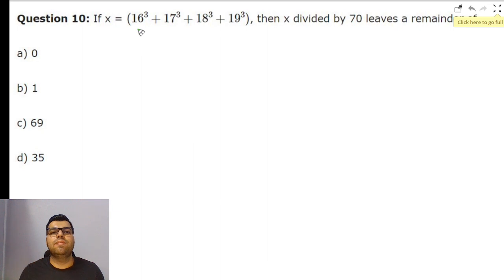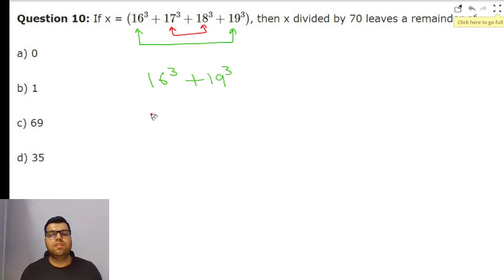16 cube, we will make pairs. We will use the same property, but something additional, and make pairs of these. So why am I making these two pairs? See the green pair first: 16 cube plus 19 cube. This is one pair. Then we have 17 cube plus 18 cube. This is the other pair.